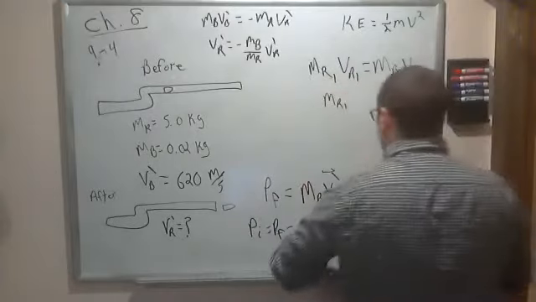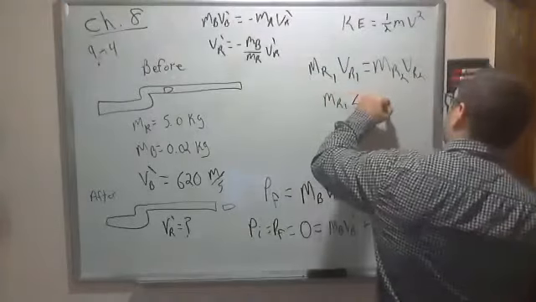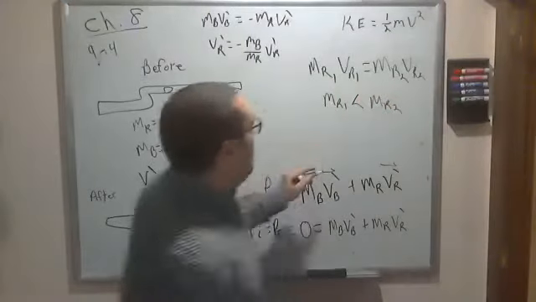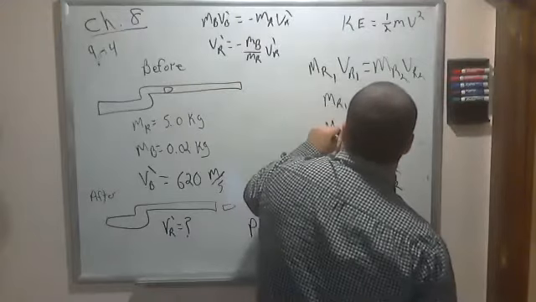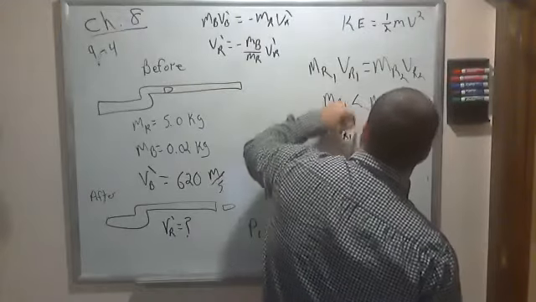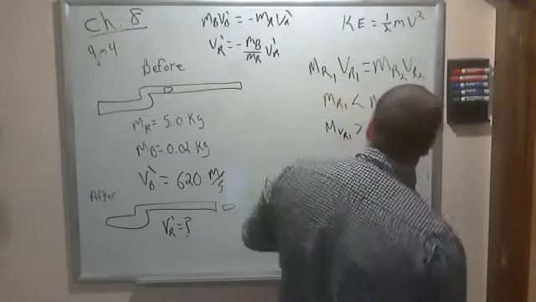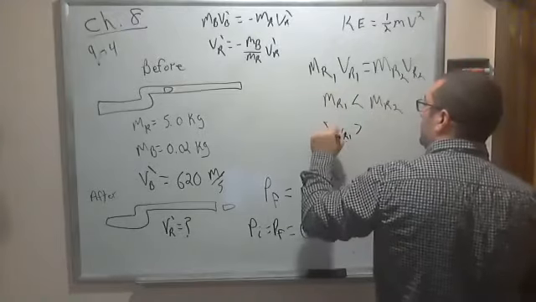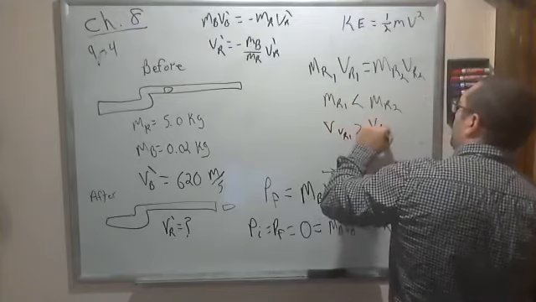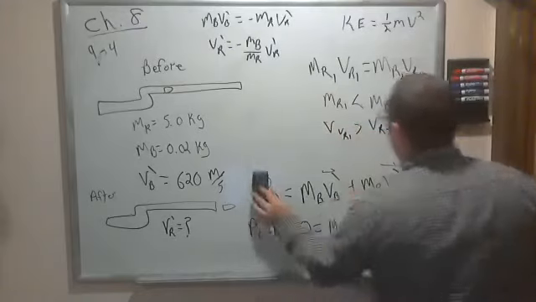Let's write it this way. And this implies that for this to be equal, the velocity of R1, of rifle 1, is greater than the velocity of rifle 2.